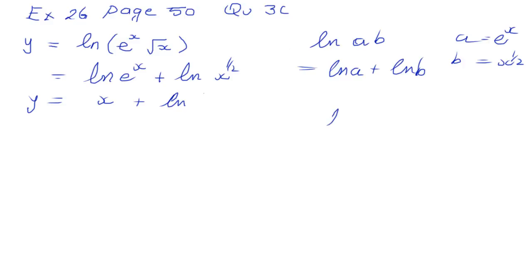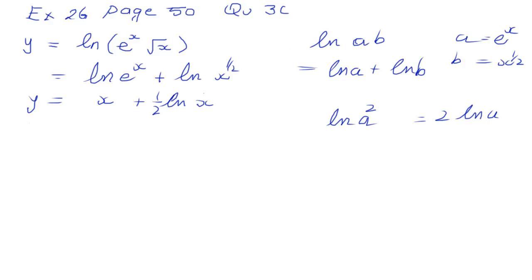So if you have natural log of a squared, for instance, then the power comes in front to natural log a. So that's what we're going to do. We're going to bring that half the power in front, and it's just going to be ln x.